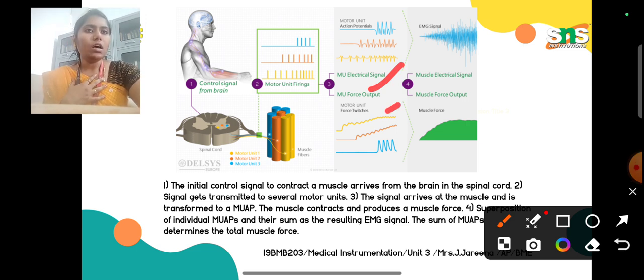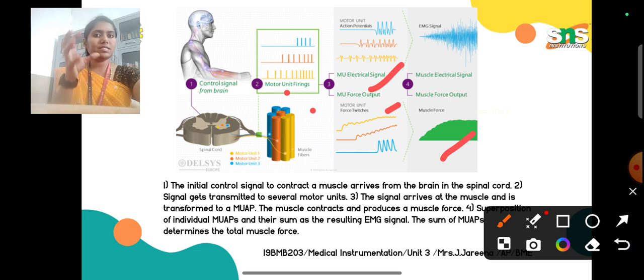The fourth is the muscle electric signal, and then the muscle force output. The colors blue, yellow and orange indicate separate sets of muscle bundles. Each bundle is innervated by an individual motor neuron or a set of motor neurons, and each motor neuron fires a different set of fibers. That is how the color indication works here.